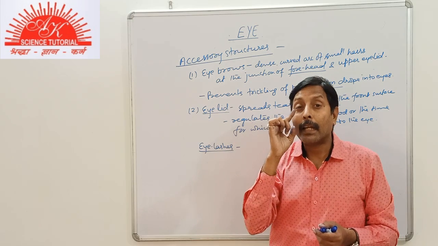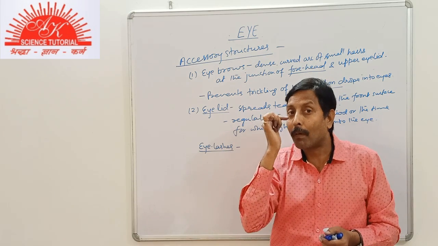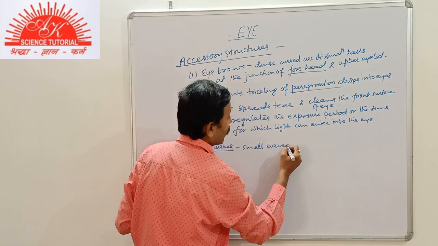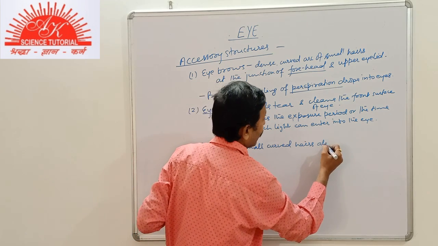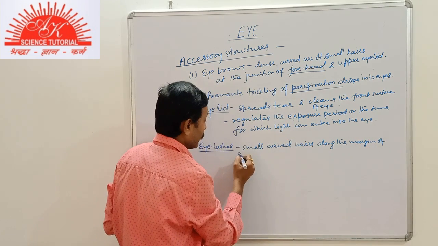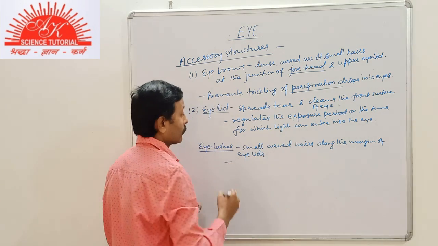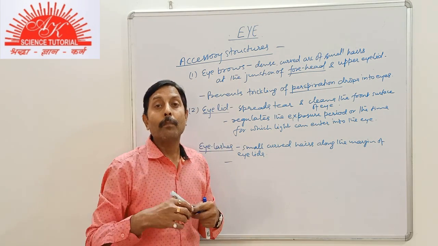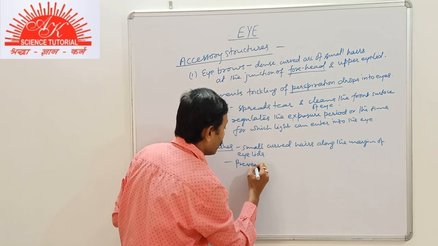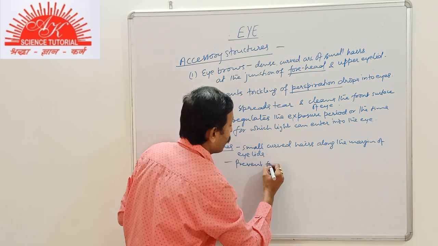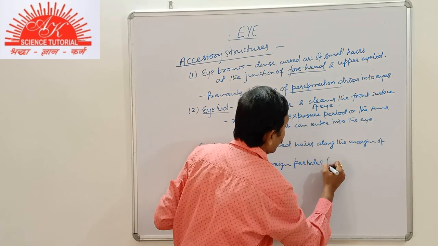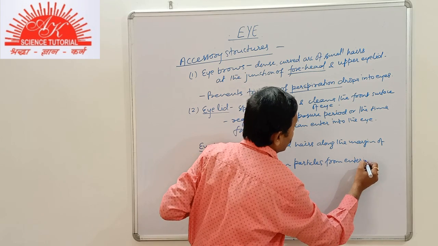That is, they are small curved hairs along the margin of the eyelids, and actually these hairs prevent foreign particles from entering into the eyes.